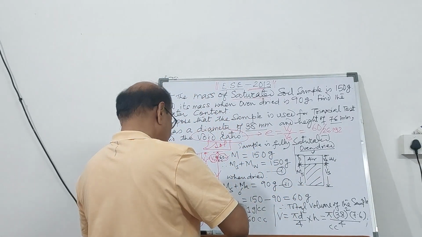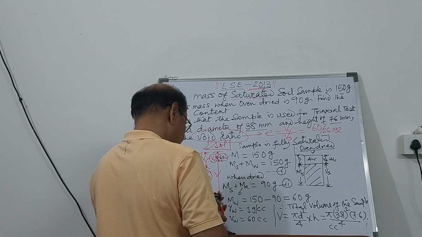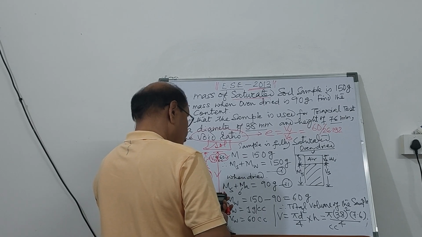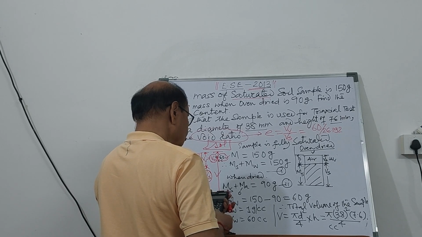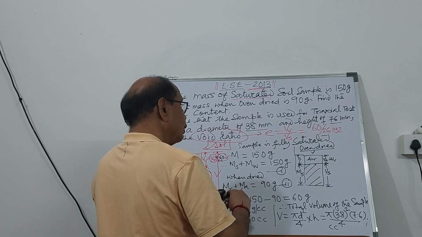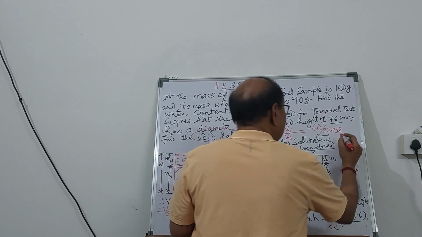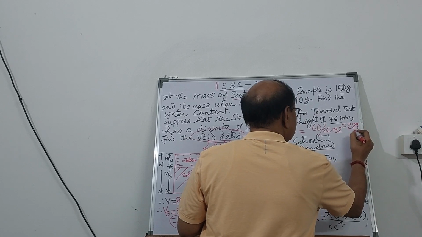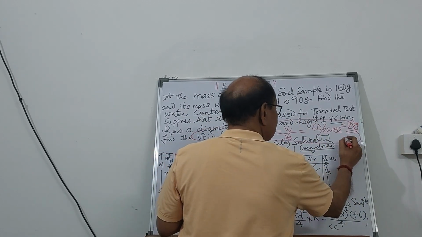Therefore, the void ratio becomes 60 divided by 26.192 equal to 2.29. This is the void ratio. So this is the answer.